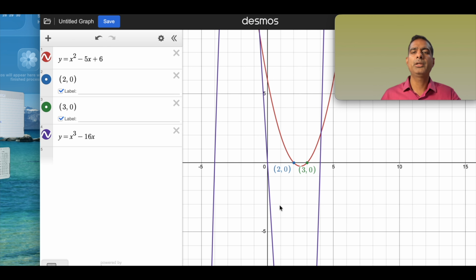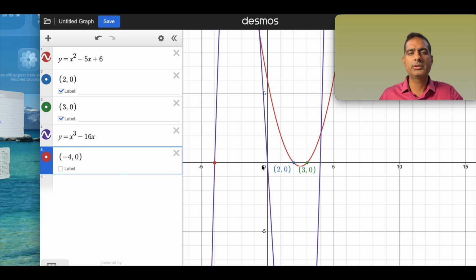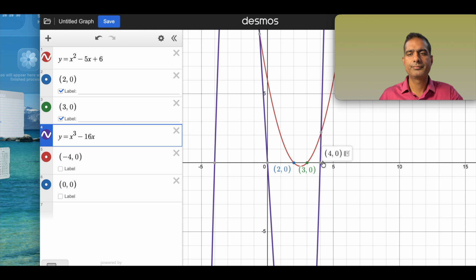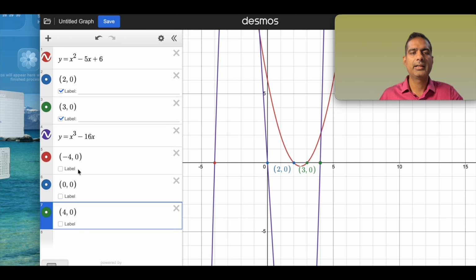So this is the purple curve, and we can see this curve is crossing the x-axis at these given points. And we saw that the zeros of this polynomial were -4, 0, and 4, and the curve is also crossing the x-axis at these points.